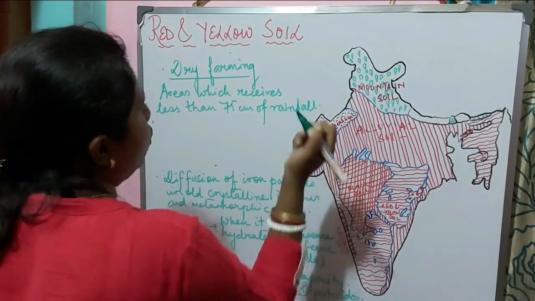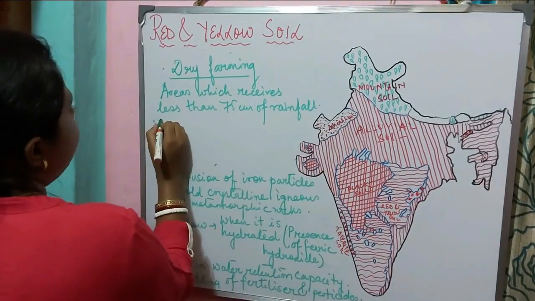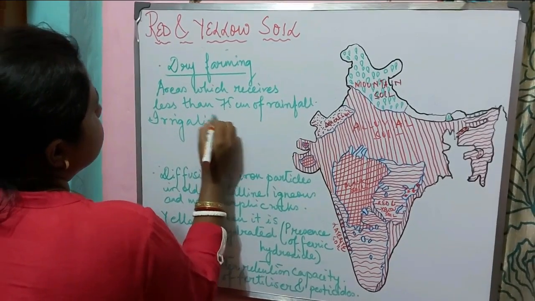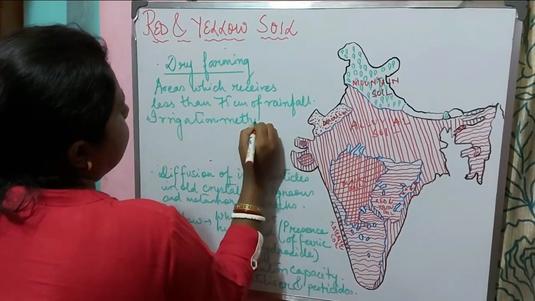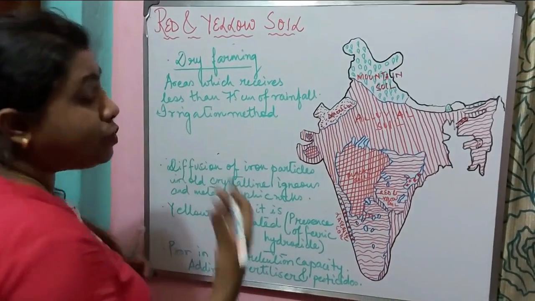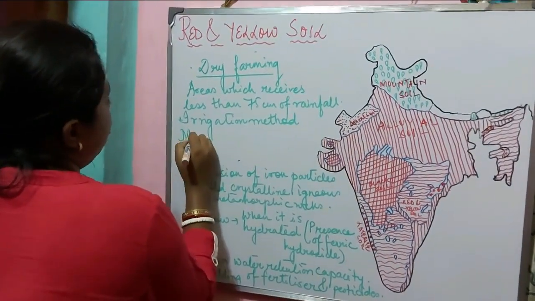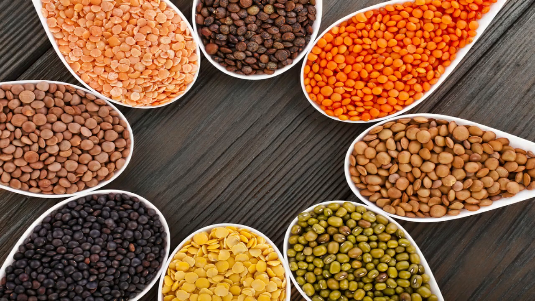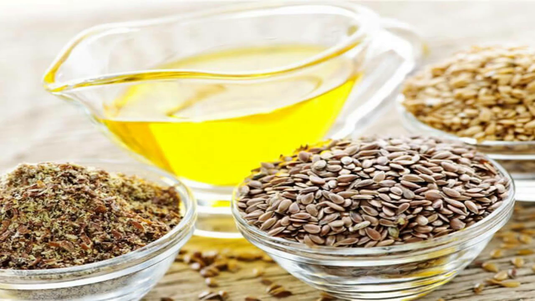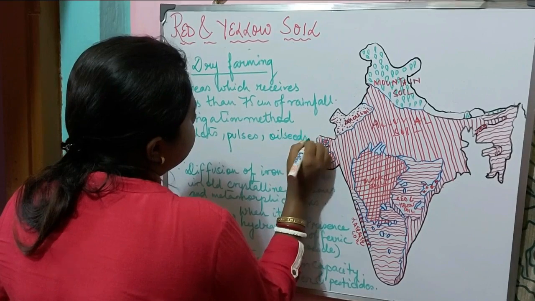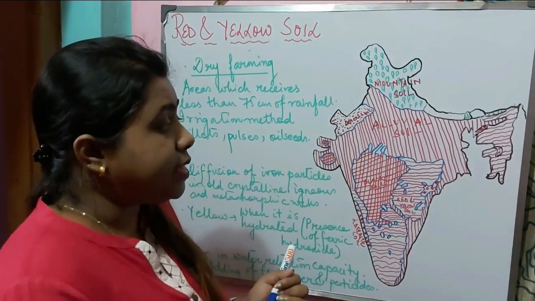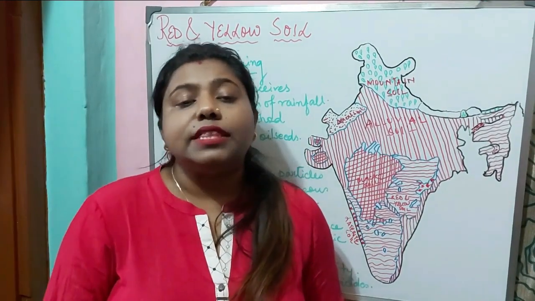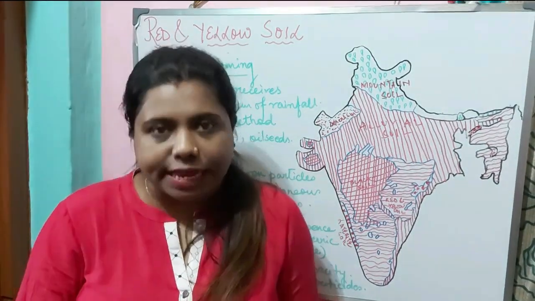So, how can we utilize this land? By irrigation methods. So, by irrigation facilities, we can utilize this land for the growth of millets, pulses, oil seeds and etc.